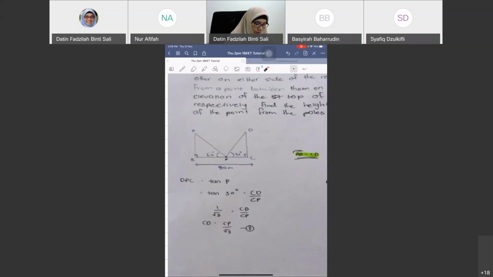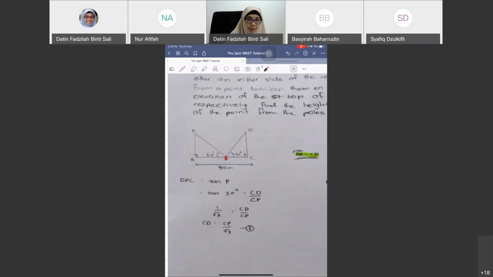These are the poles, AB here as well as CD here, and we have a point in the middle. The poles are of equal heights.